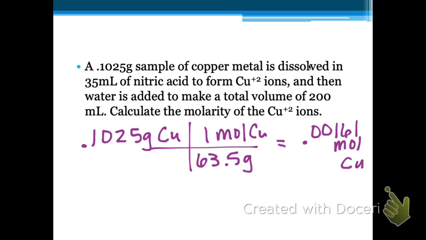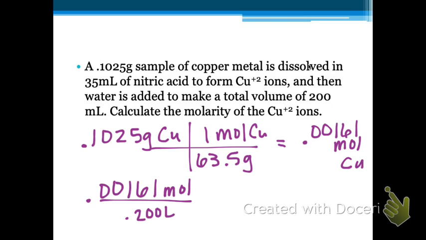It's important here that you're not taking 200 plus 35. All right, we had 35 mils to start. We added enough to make 200. So when I'm calculating that, I'm going to take the moles of copper that I started with, divided by 0.2 liters, and I get 0.0081 molar.